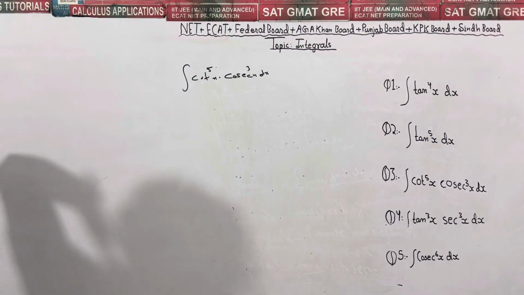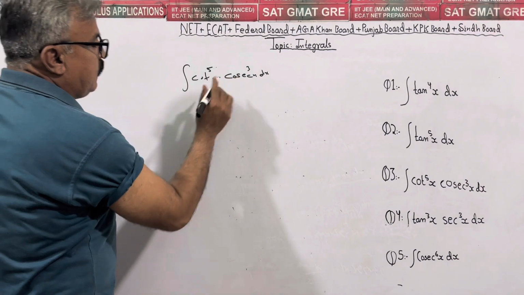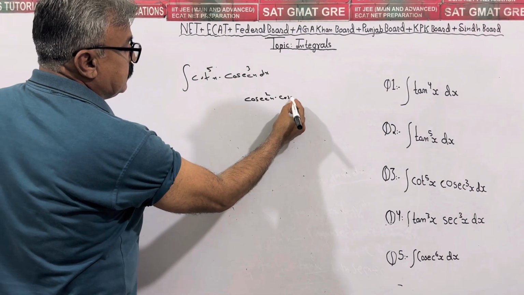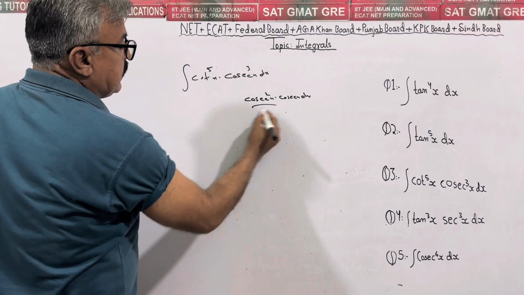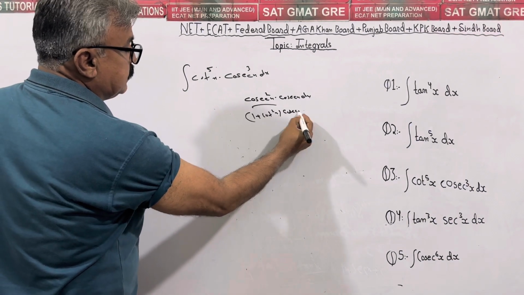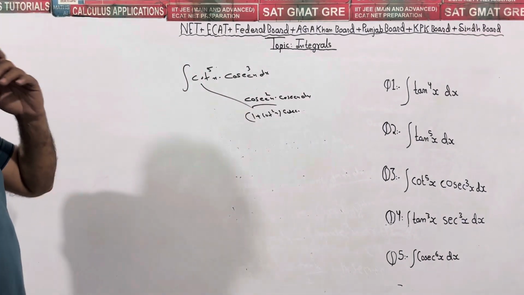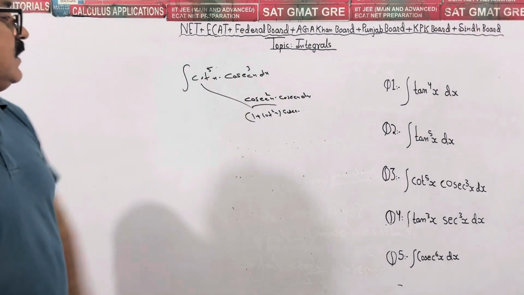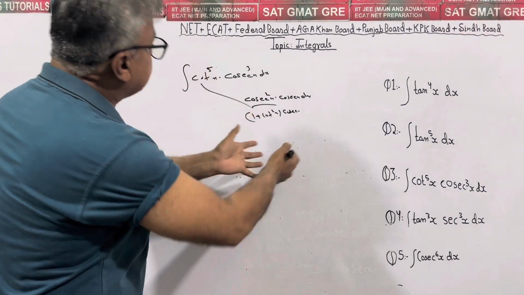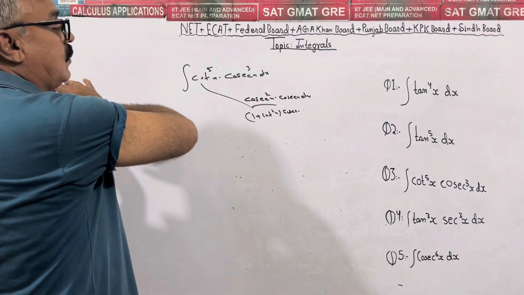Now, if I write cosec cube as cosec square x into cosec x dx, and convert cosec square into 1 plus cot square, times cosec, this is also cot. Differentiation of cot is cosec square. I am not in a position to transform the complete cosec cube into a function of cot^5.